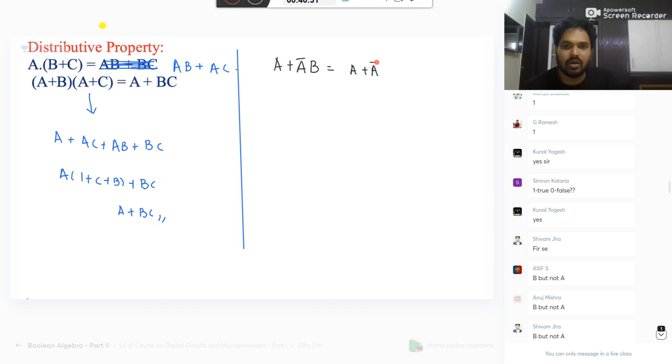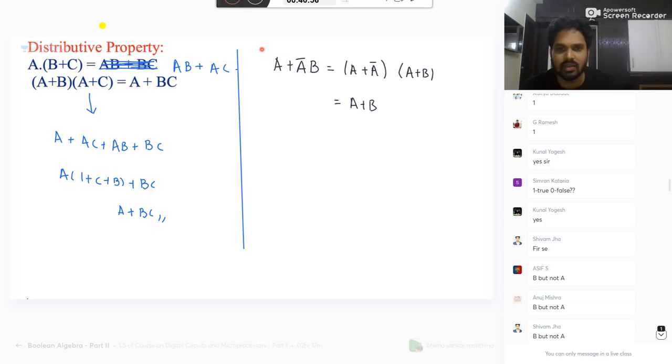A plus A bar into A plus B. Yes or no? X plus YZ equal to X plus Y into X plus Z is our rule. So A plus A bar will become 1 and A plus B is the answer. This is valid for Boolean only, not every single case. Okay, so please remember this carefully. You will be using this in your problems easily.